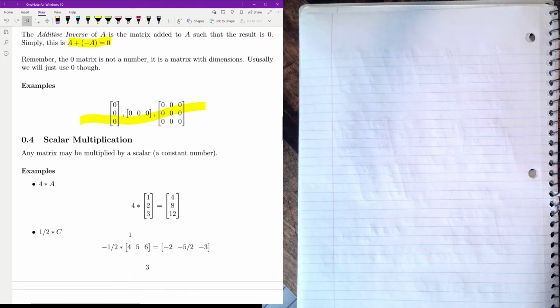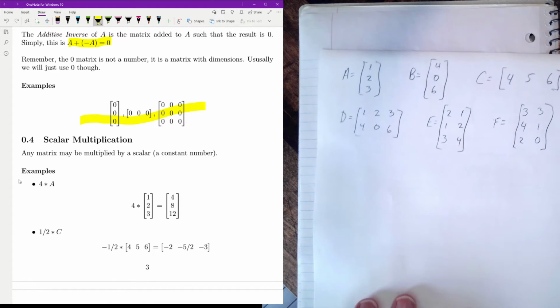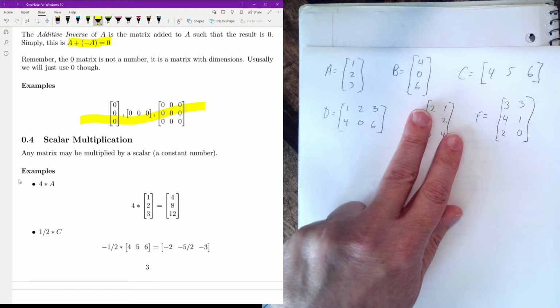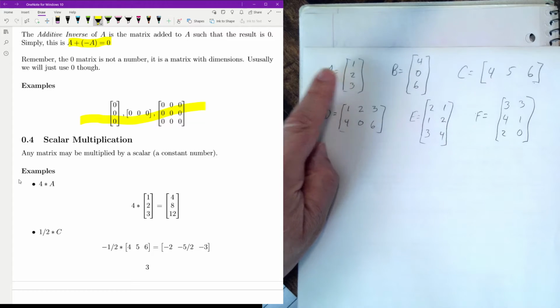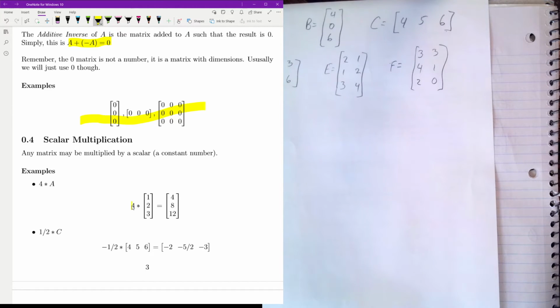And this is a very, very straightforward application. You multiply a matrix, and recall that we're using these matrices to begin with. So 4 times A is 4 times 1, which is 4, 4 times 2, which is 8, and 4 times 3, which is 12.